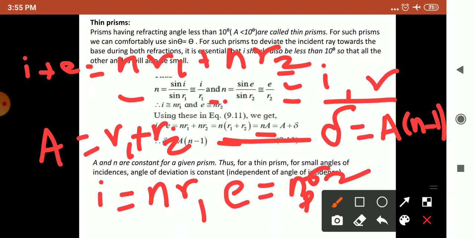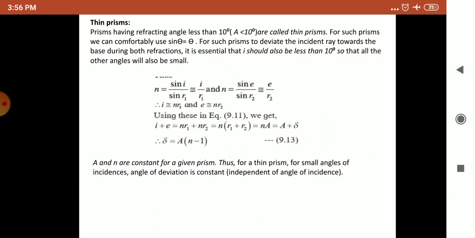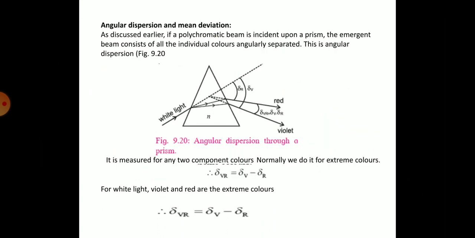So for a thin prism, for small angles of incidence, the angle of deviation is constant, that is, independent of the angle of incidence. So now we can further study angular dispersion and mean deviation.